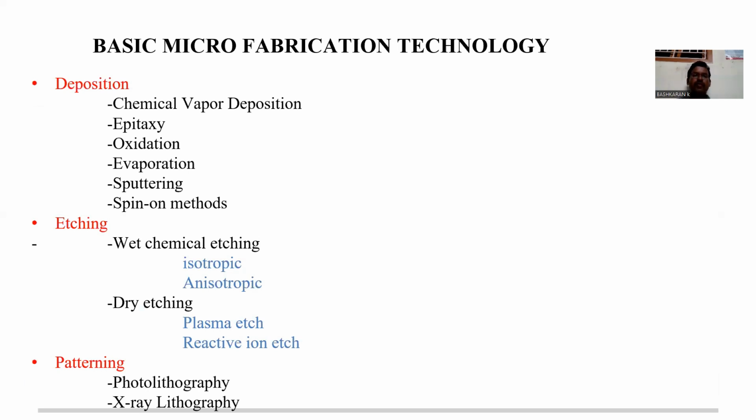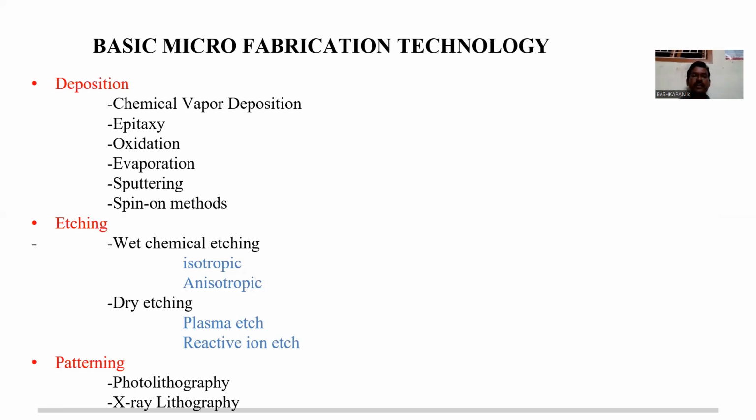Going further, there is fabrication technology. We have deposition, etching, and patterning. In deposition, there is chemical vapor deposition, physical vapor deposition, epitaxy, oxidation, evaporation, sputtering, and spin-on methods. In etching, we have two types: wet etching and dry etching.